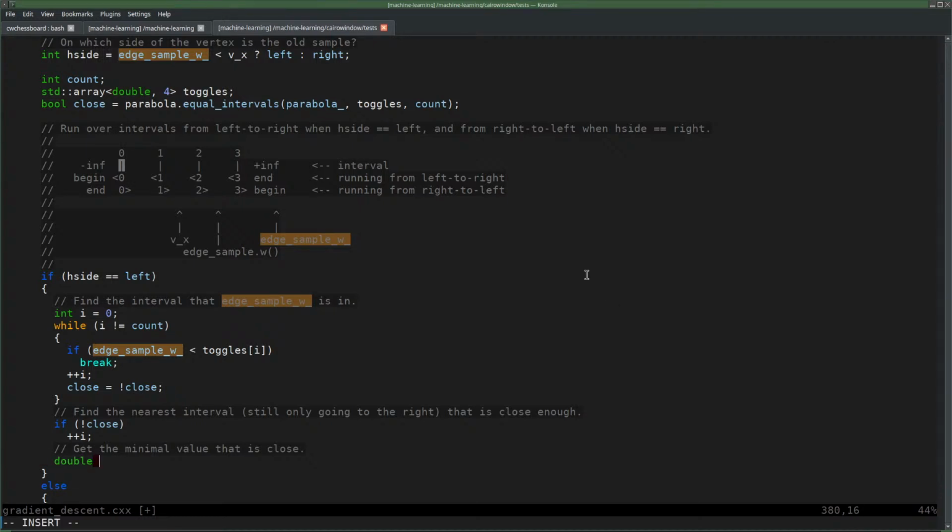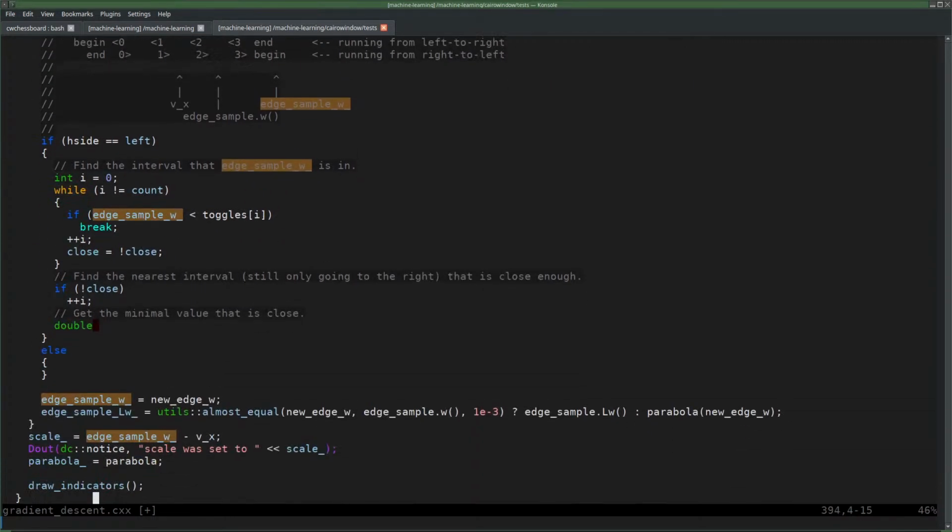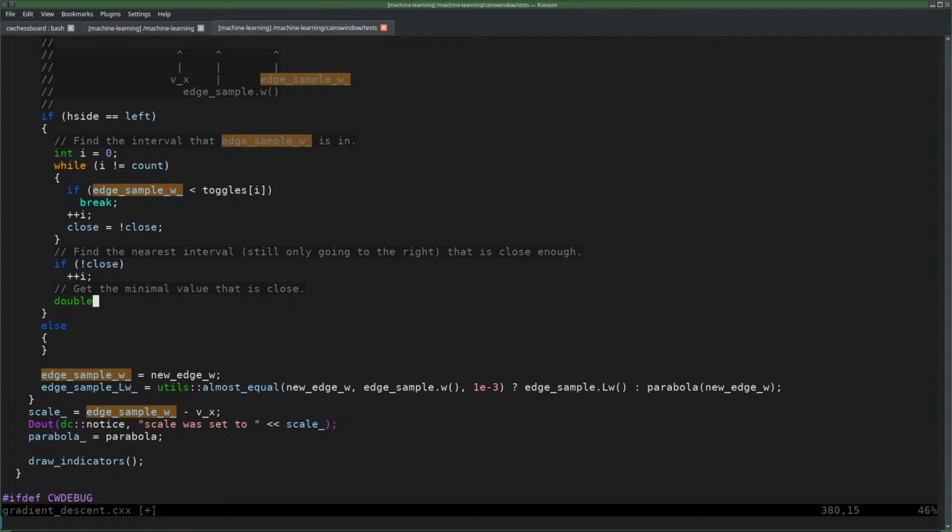Double min, yeah, I don't know. It's going to be the new edge. Do I already have that defined? New edge W. So totally not defined.